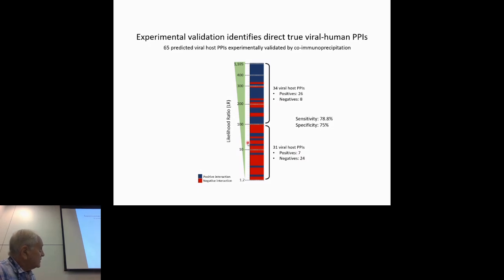But overall, the sensitivity and specificity we found were about 75%. So these were experimental tests on some of our predictions. So obviously they're not all right. It would be foolish to think that they would be, but we feel they're good enough to start thinking, perhaps intuitively, along the lines that Philippe was talking about.